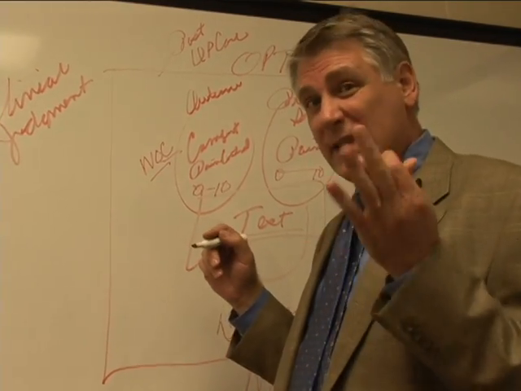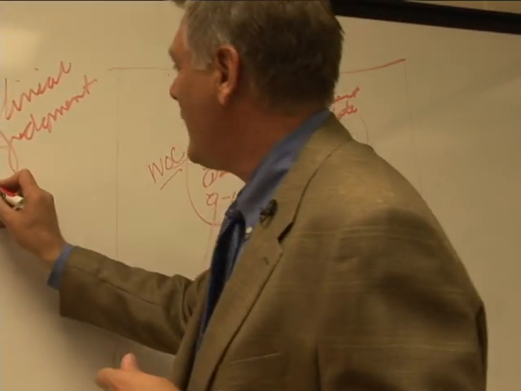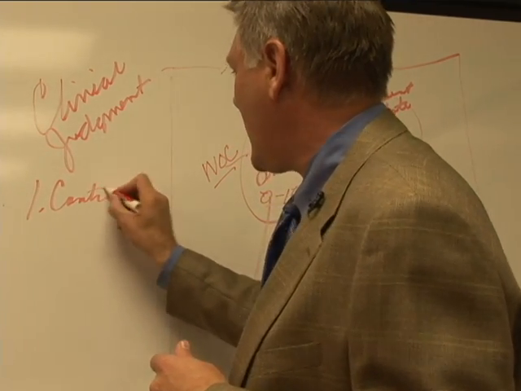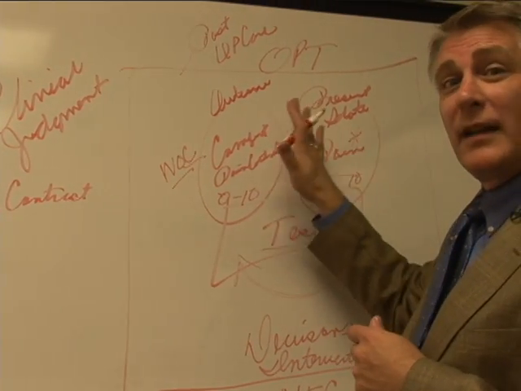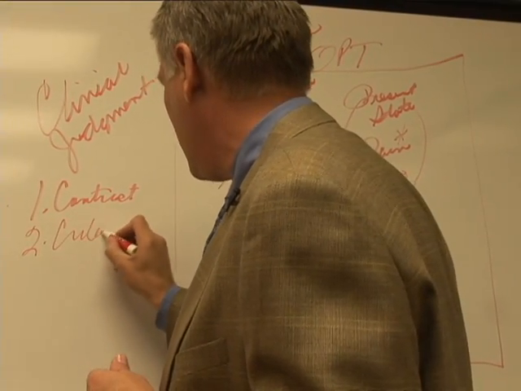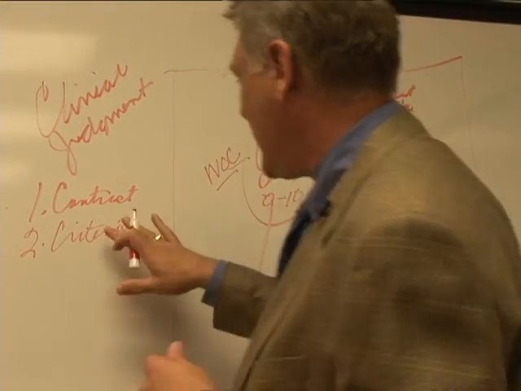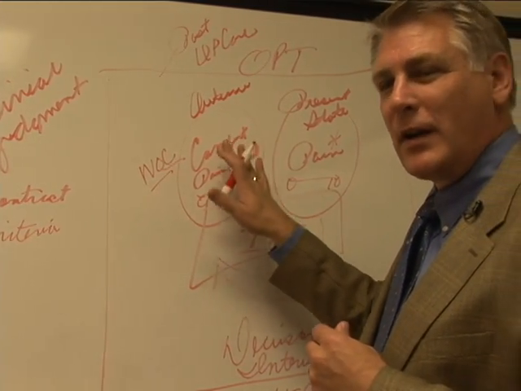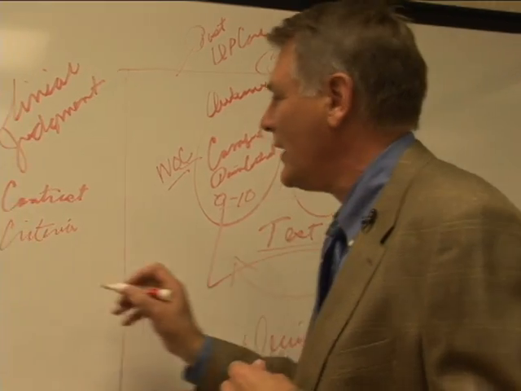And there are 4 C's in clinical judgment. First of all, you have to have the contrast. And our contrast here is present state, outcome state. Second of all, you have to have a criteria. And so your criteria is whatever you specify as outcome achievement in regards to this particular situation.